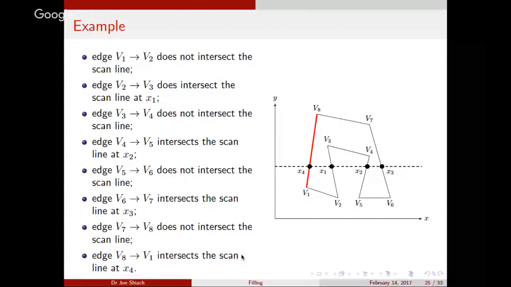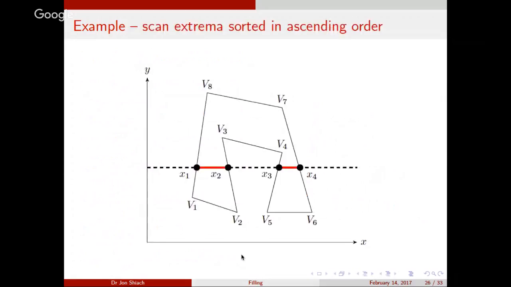The next step is I arrange these into ascending order. Essentially that's going to be x1, x2, x3, x4. Then between pairs of scan extremer, the first pair is x1 and x2. Between those two, I fill in all the pixels. Between x2 and x3, I don't.